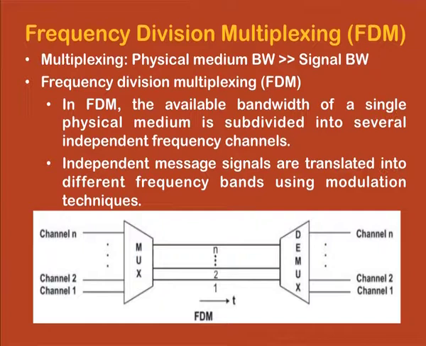Here in the schematic we can see that there are n channels which are all being multiplexed using frequency division multiplexing and transmitted simultaneously over the physical medium from source to destination. The two devices which are required for achieving this objective are called multiplexer and demultiplexer.